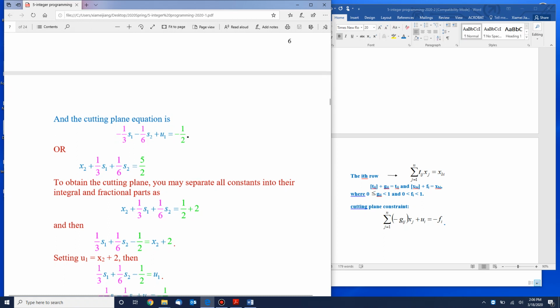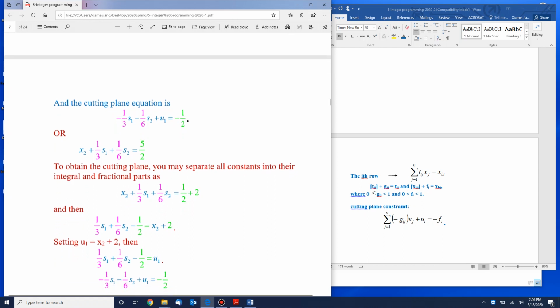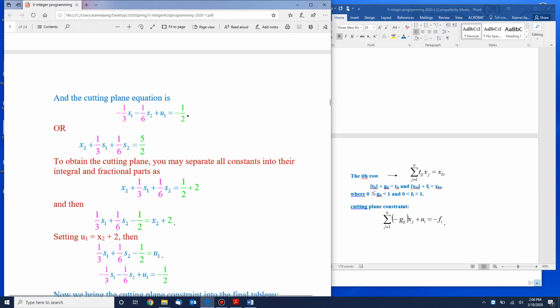Now we just rewrite this equation. Rearrange it, keeping u1 as the basic variable for this equation, which means we keep the coefficient of u1 positive, move all the variables to the left side and the constant to the right side. Then we get minus 1/3 s1 minus 1/6 s2 plus u1 equals minus 1/2, and that is the cutting plane equation, the same as before, right?